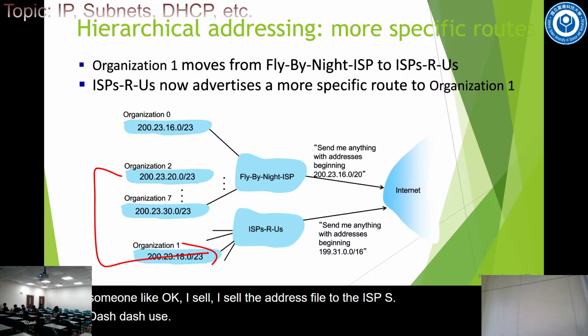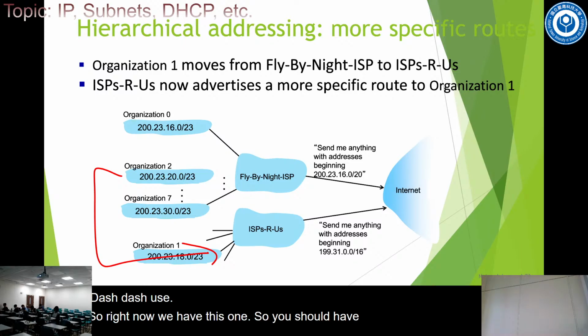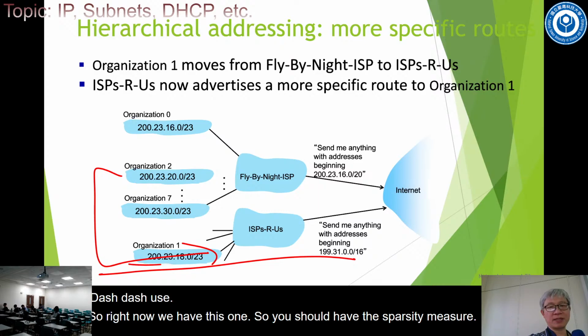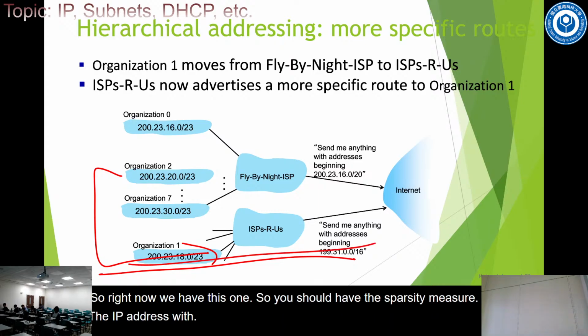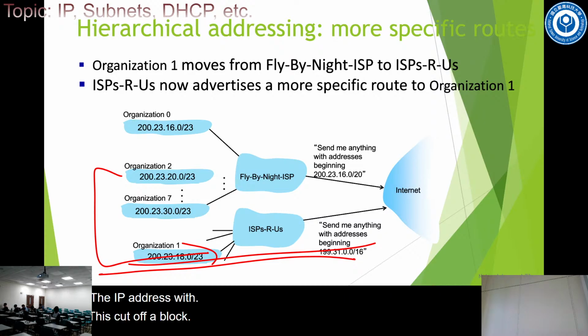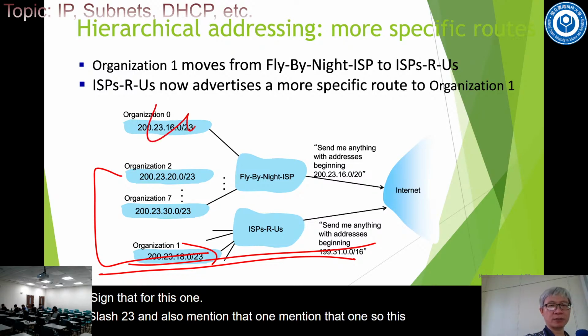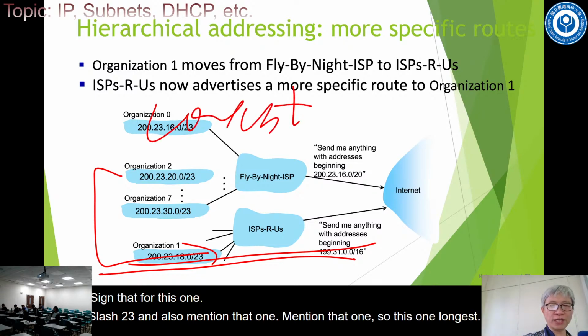So right now you should have the specific mention of the IP address with this kind of block, the subnet /23, and also mention that one. So this one is longest.